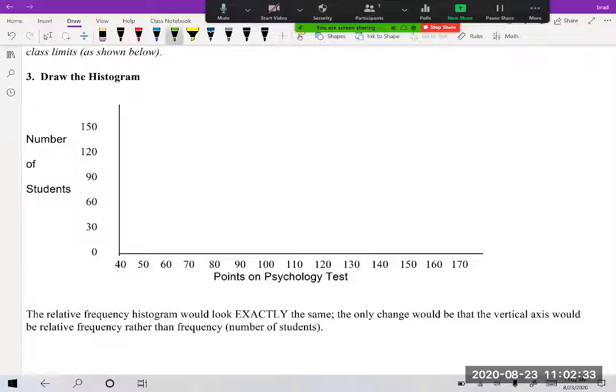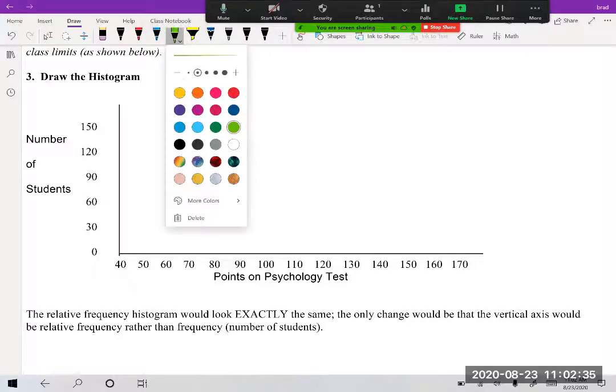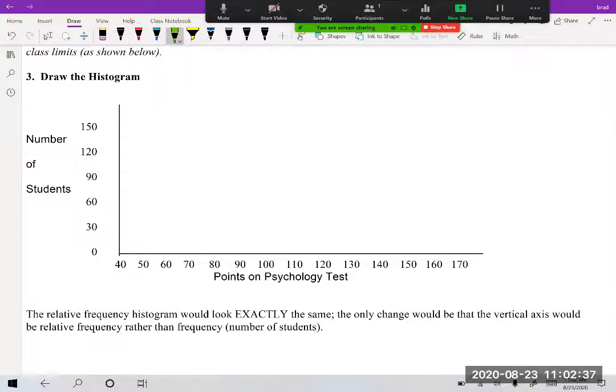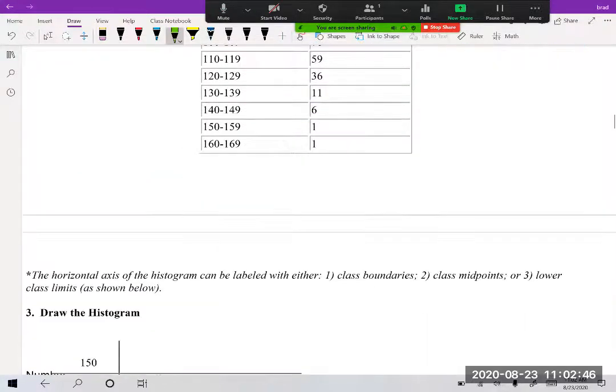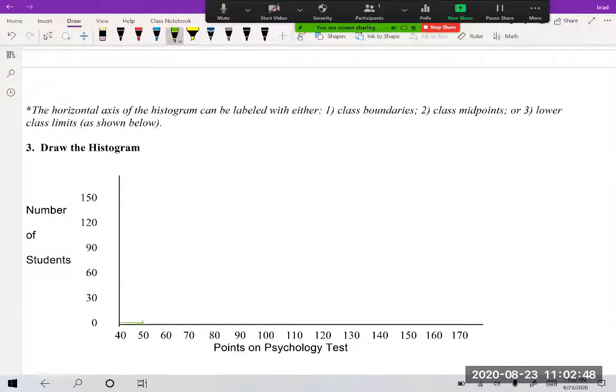Maybe I can make it like this. So let's say 3 is right there. And then 50 to 59 had 10. So that would be about 1/3 of the way up. That's about halfway. So from 50 to 59, okay, it's supposed to be straight lines, but you guys get the idea.